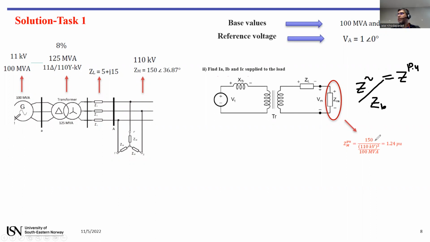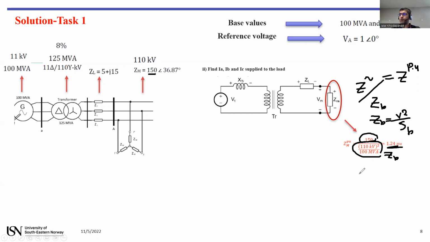So this one is the impedance of the load, and we divide it by Z base to calculate the impedance in per unit. And you know that Z base is voltage squared over S base.